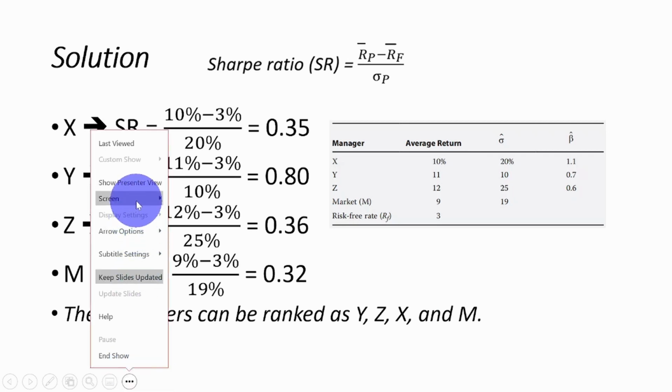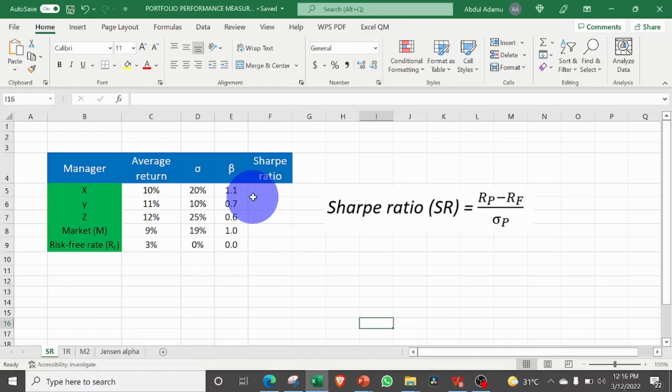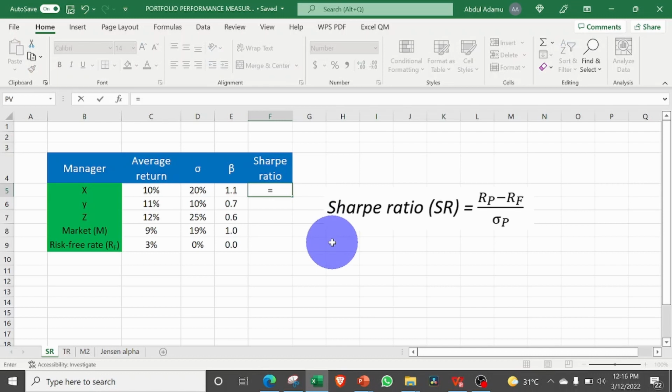We can do this computation easily in Excel. So if you come to our Excel, to compute the Sharpe ratio, we say this is equal to the return, which is this, minus the risk-free rate, this, then we lock it with F4.